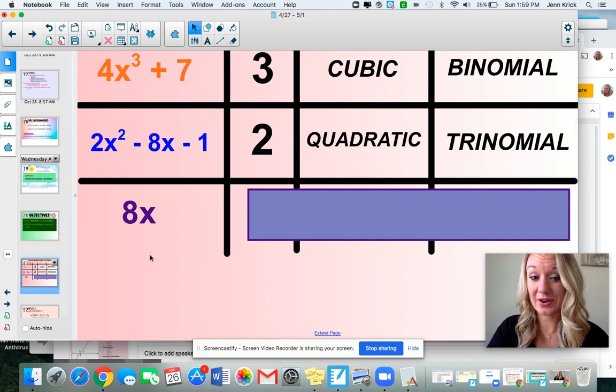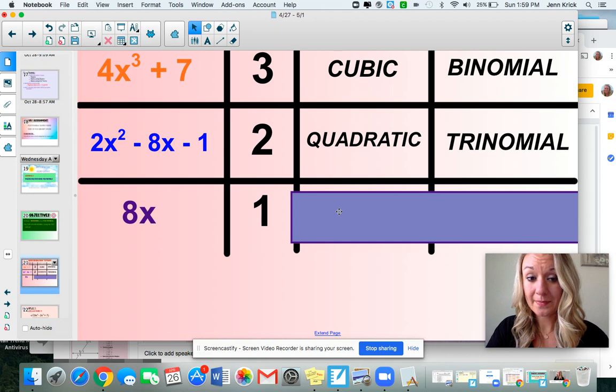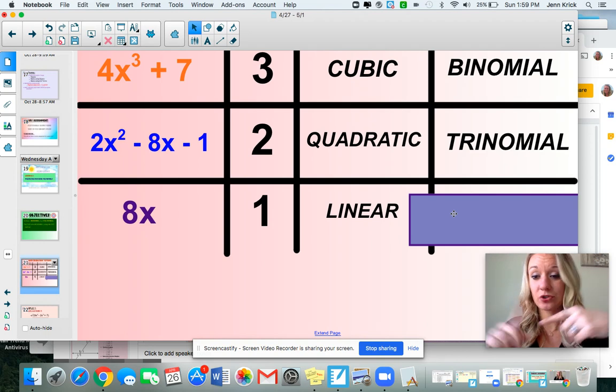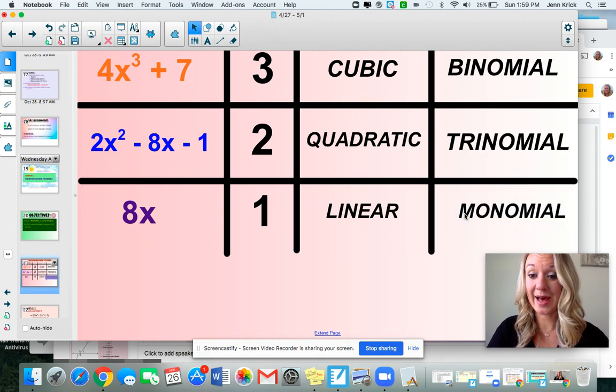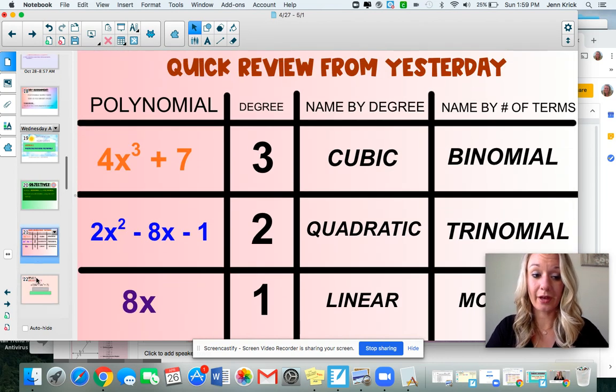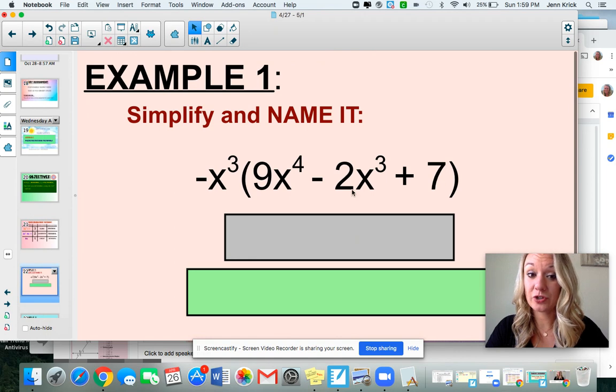Last one: because you just have 8x, the degree is 1. Technically, if it's 1, that is linear, because if you plot y equals 8x, that would create a straight line. It's only 1 term, so it is a monomial, and you could call it a first degree monomial.